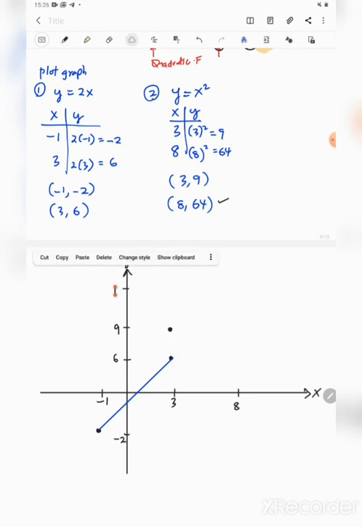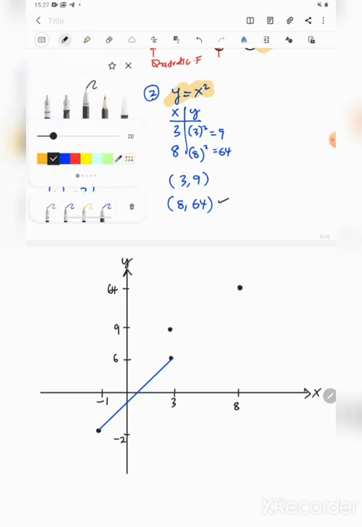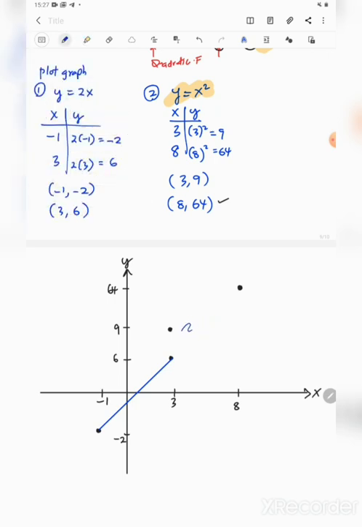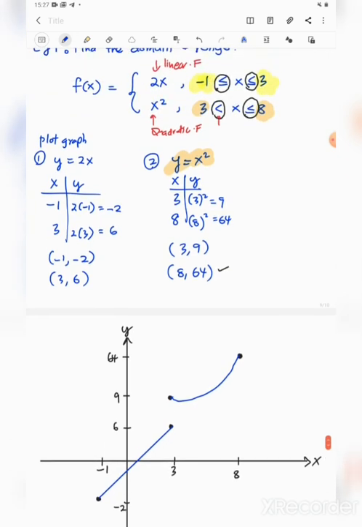This is 64. Remember, y equal to x square, so this is quadratic. So a quadratic graph will be a curved graph, like this.